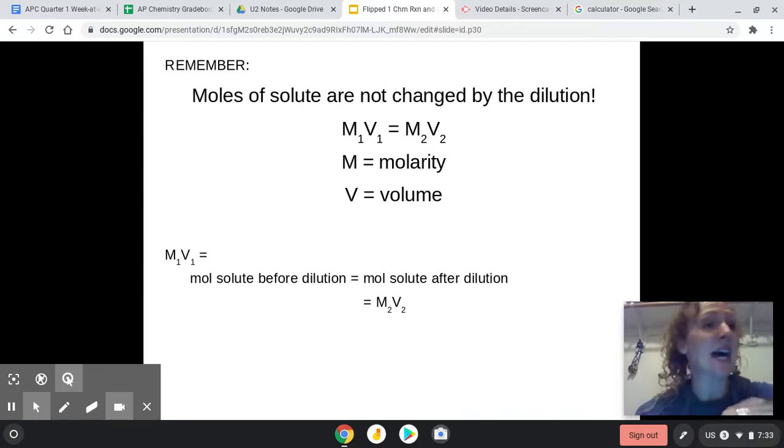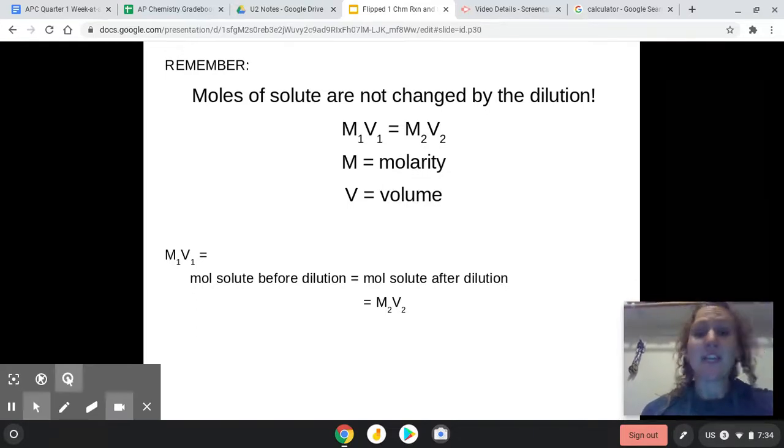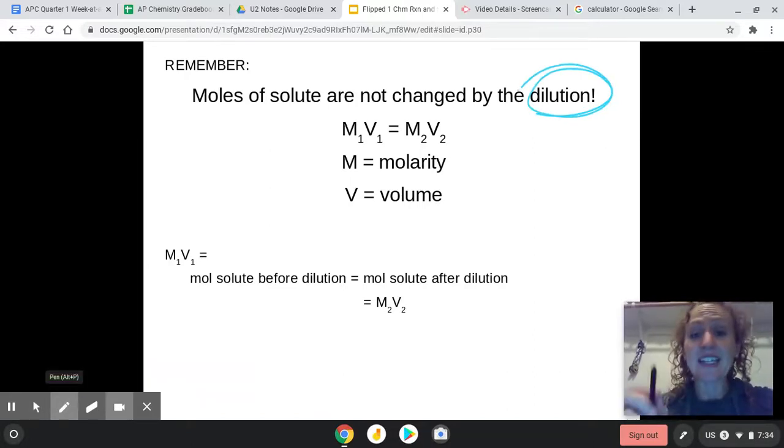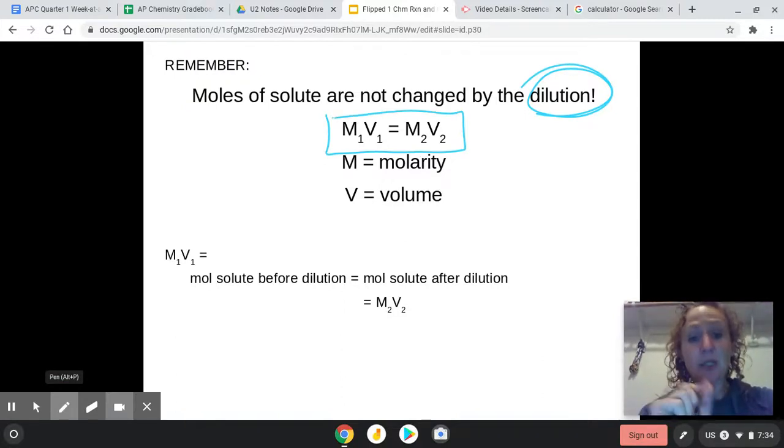This is not a blanket shortcut that you can use anytime you're dealing with volume. It does not work for gases or liquids for that matter. It only works for solutions. It also doesn't work if a reaction is happening, or if you are adding solute. It only works for dilution because this whole equation comes down to a very special concept. So let me show you that.